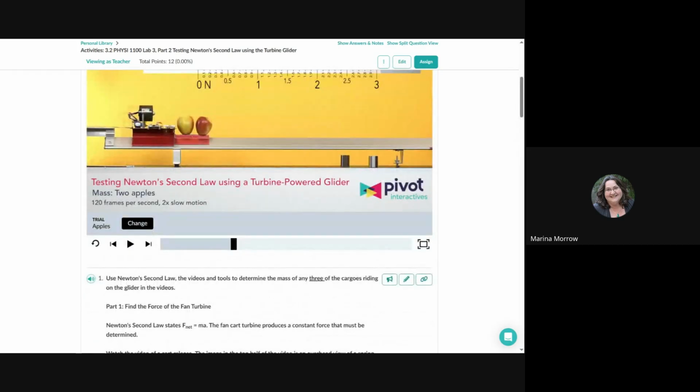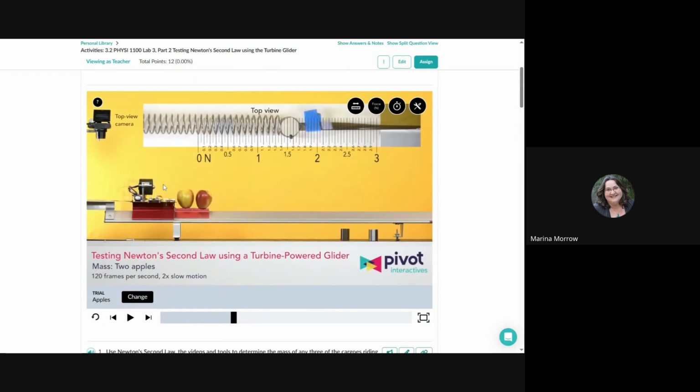The next thing that you're going to do is measure the acceleration by finding how far it goes and how much time. So we don't need the Newton ruler anymore. You're going to need a regular ruler and your stopwatch.